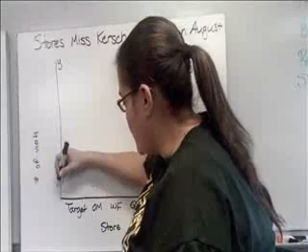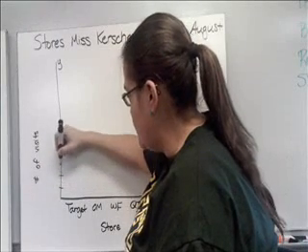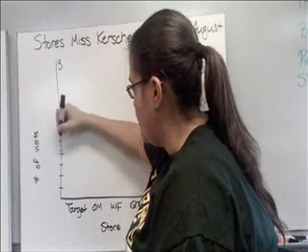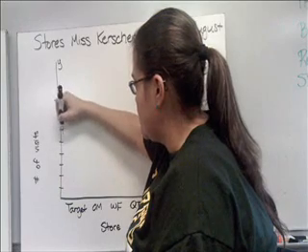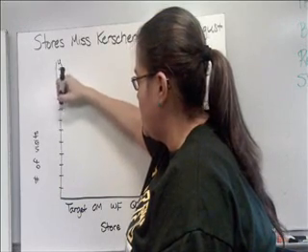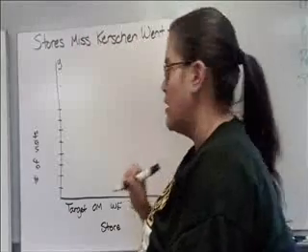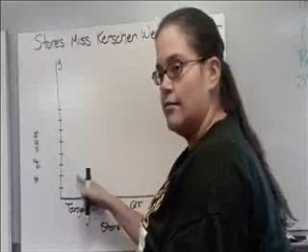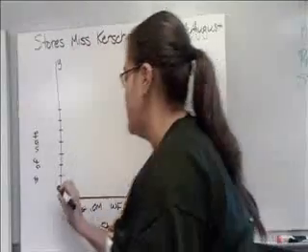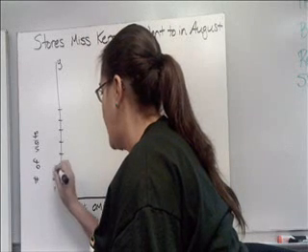So we're going to go 1, 2, 3, 4, 5, 6, 7, 8. So my scale is 8, and my interval is 1 because I'm counting by ones.